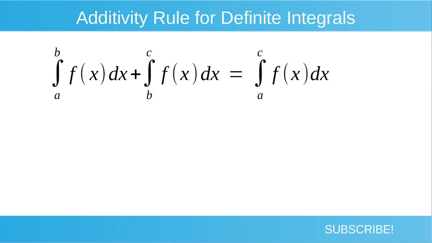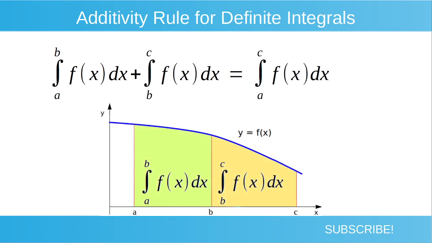We first introduce a new rule, the additivity rule for definite integrals. This rule is shown here at the top of the screen, and we're going to explain it using the plot shown at the bottom of the screen. Here we've got the plot of a function y equals f of x, with the function plot highlighted in blue.